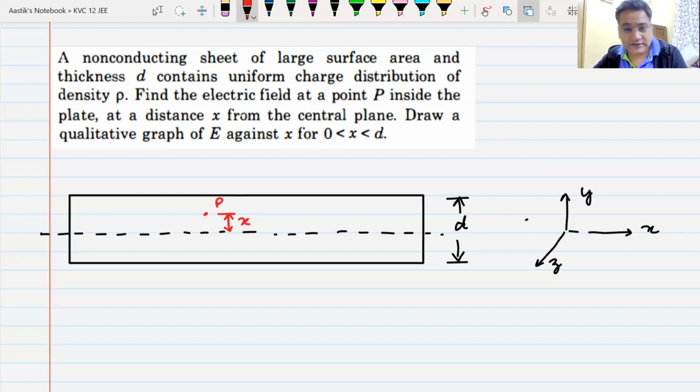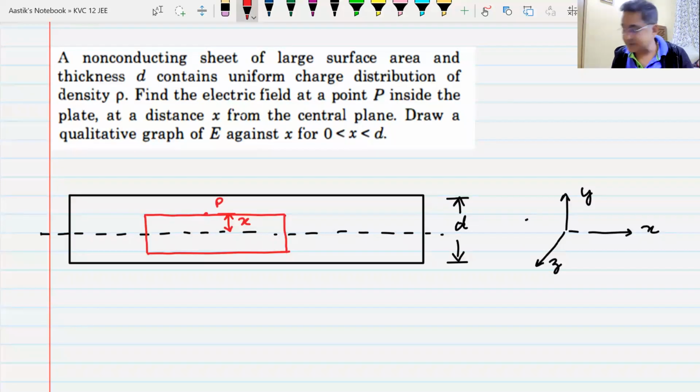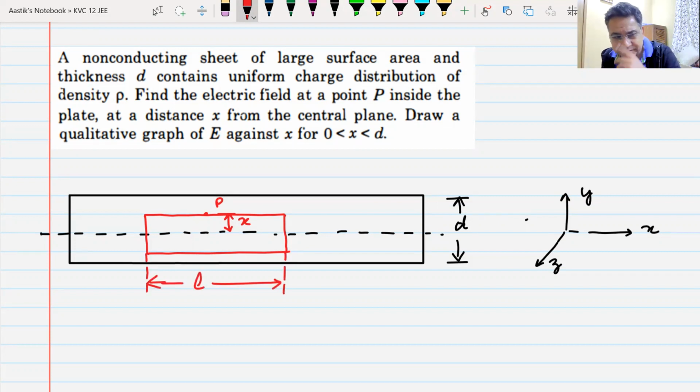This is my Gaussian surface that you have to take. I will take it infinite in this dimension. I can also take it infinite in this dimension, but why make things complicated? I can take the length of this Gaussian surface as L. Doesn't matter.